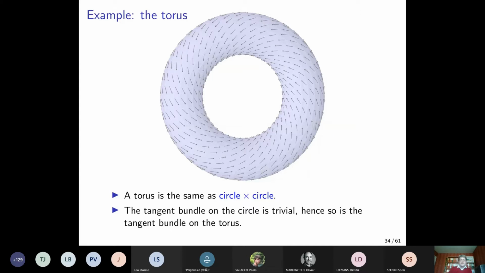Now, as we've seen, a circle has a non-zero vector field, so the tangent bundle of the circle is trivial, and one can easily deduce from this that the tangent bundle on this product is also trivial. And indeed, I had no difficulty at all drawing a non-zero vector field on the torus.